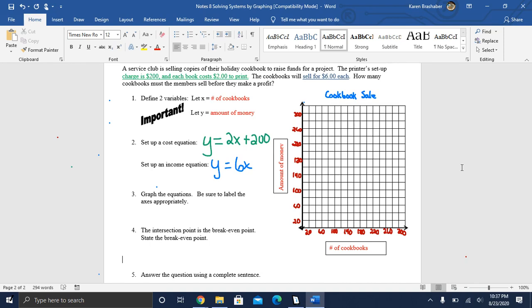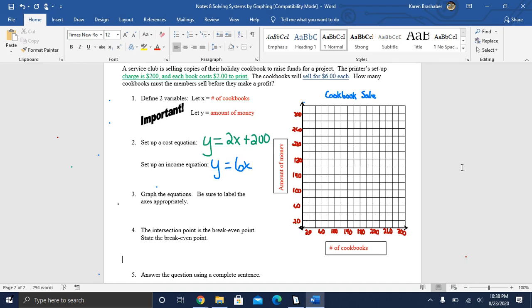Now, I went ahead and set up some things on the graph for you, so I know you'll be needing to copy some of these things down. You should always give your graph a title, so I called mine the cookbook sale.